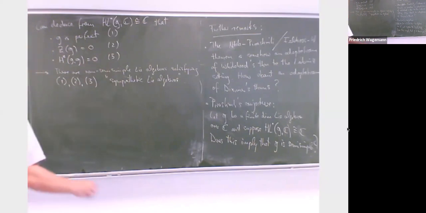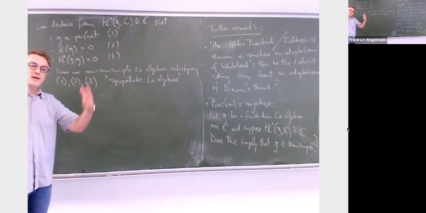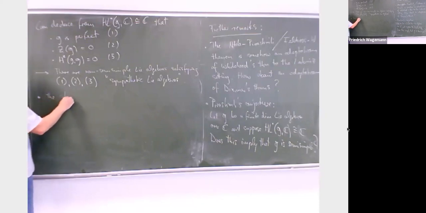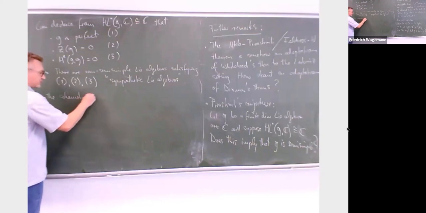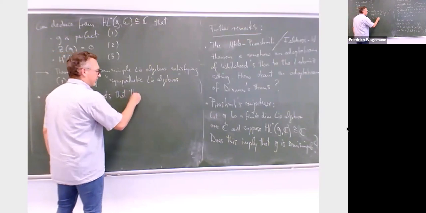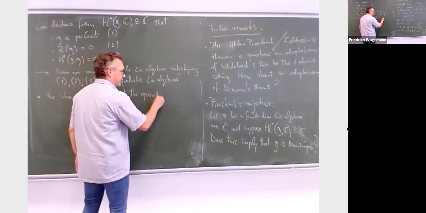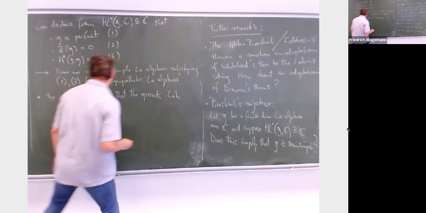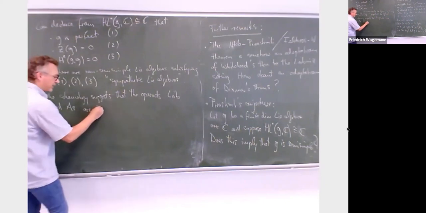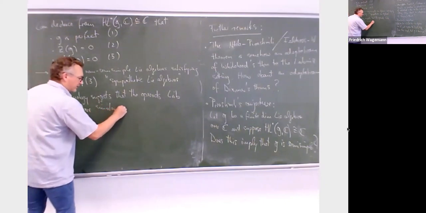But you can also have a higher point of view. So what about the cohomology suggests that the operads of Leibniz algebras and associative algebras are similar in some sense?